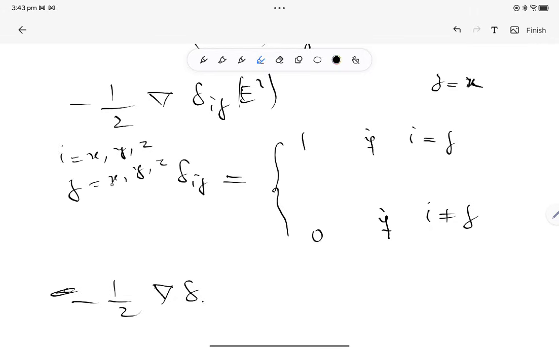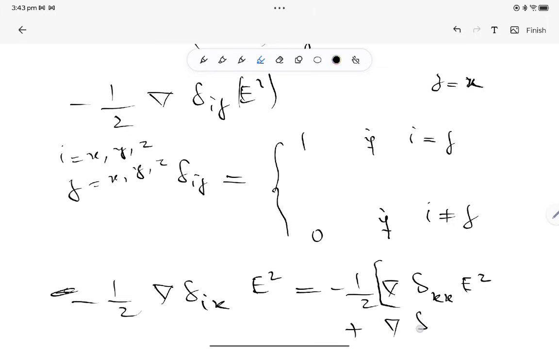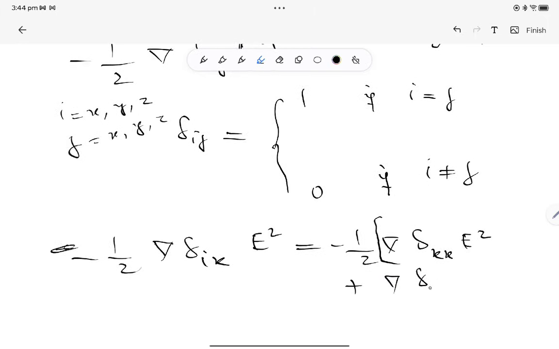Take for example the value of j as x. So you have now delta i x, e square. Now run a sum over this i. You have minus 1 by 2 del delta xx e square plus delta. You gave a value x to i. Now value y to i, y is not x.